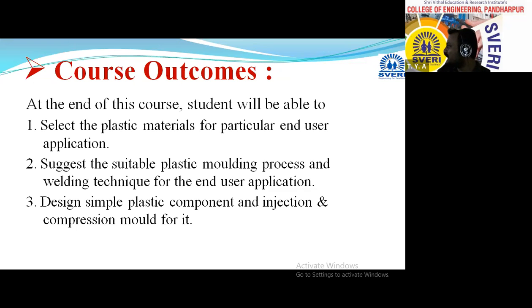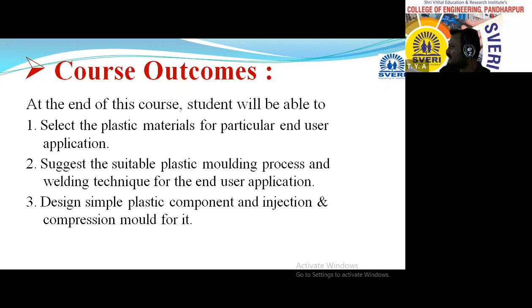I will just tell you my application, then you will tell me which material I am going to use. This is the first part: select the suitable plastic material for the end application. Then the second part: suppose you suggested one material. Along with that, you will suggest how to convert that material from its raw form into the useful form.